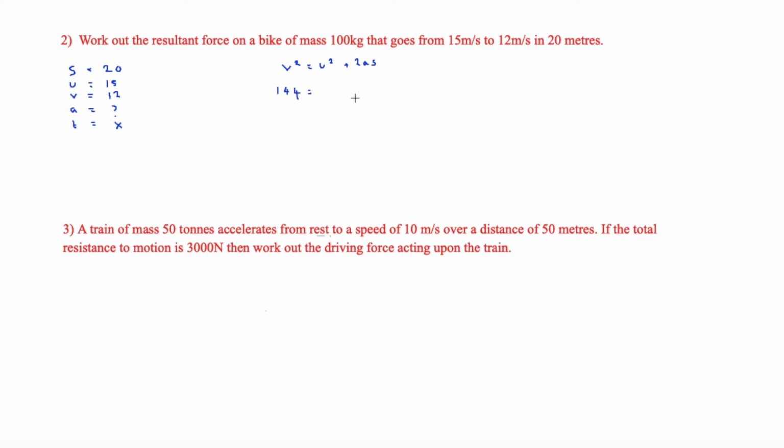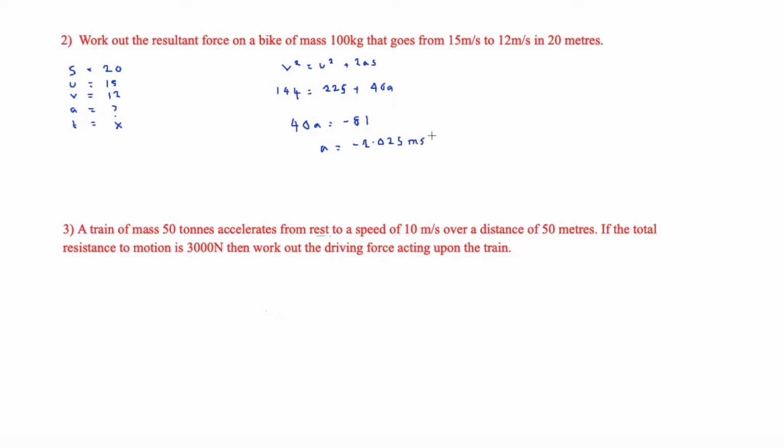Then u squared, 15 squared, is 225, plus 2as, which is 40a. That means 40a is going to equal minus 81, and therefore a is going to equal minus 2.025 meters per second squared.